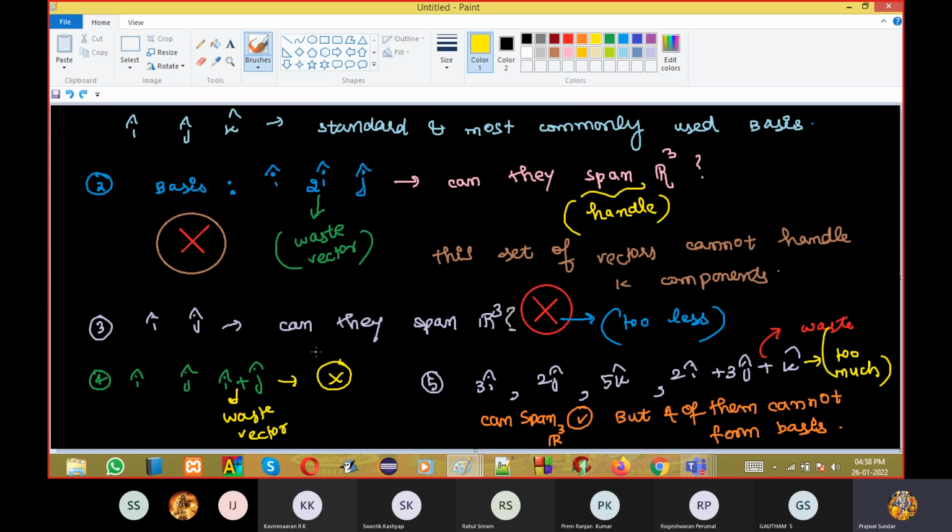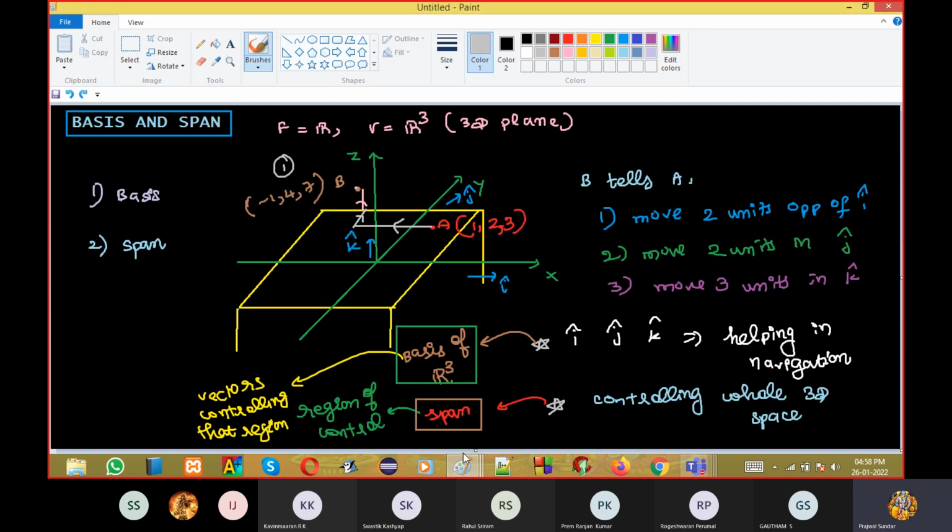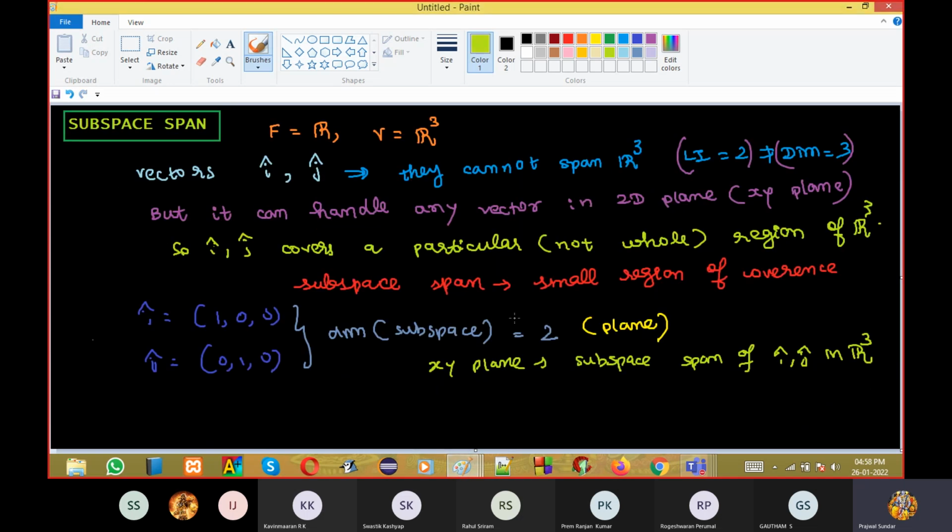It can span just one particular plane in R cube. That particular region which it covers is called the subspace span. Okay. Any doubt in the subspace span? Can we do questions in subspace span? So what I can say, subspace span is a subset of the full span. That's it.